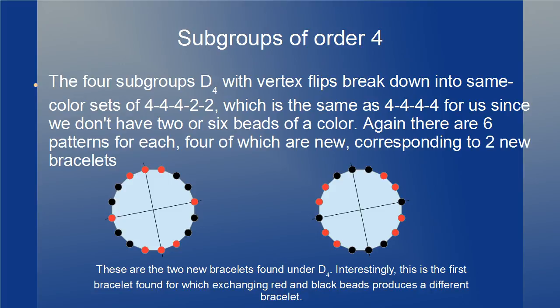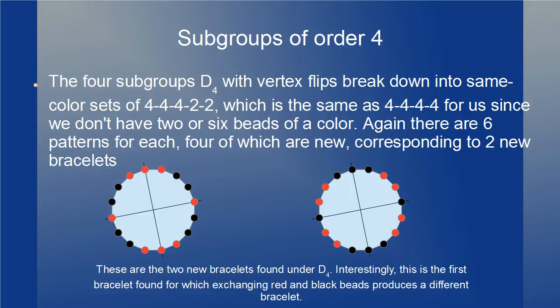Closing out the subgroups of order 4 are 4 dihedral 4 subgroups with flips going right through the vertices. Symmetry under any of these groups breaks beads down into same color sets of 4, 4, 4, 2, and 2, which for us is the same as 4, 4, 4, and 4, since we don't have exactly 2 or 6 beads of a color.